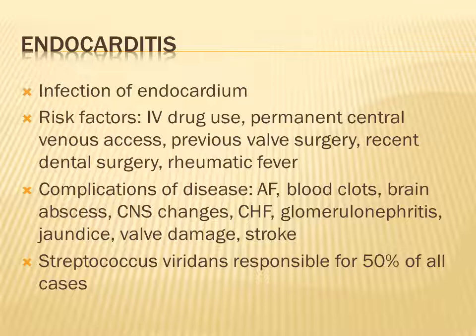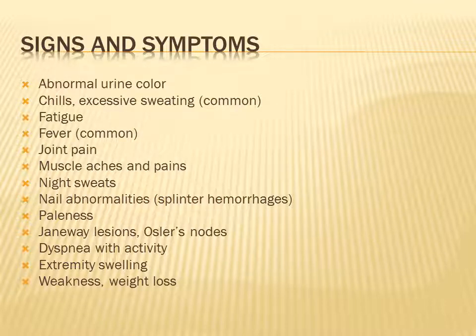Patients with IV drug use, ones who've had permanent central venous access placements, previous valve surgery, recent dental surgery, and rheumatic fever are at risk. Multiple complications. Strep is responsible for about 50% of all cases. So we have a lot of things that strep is responsible for, and this is one. Multiple signs and symptoms.